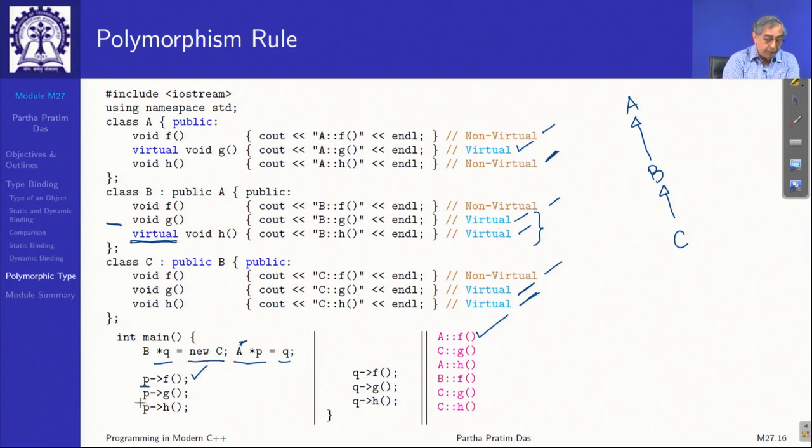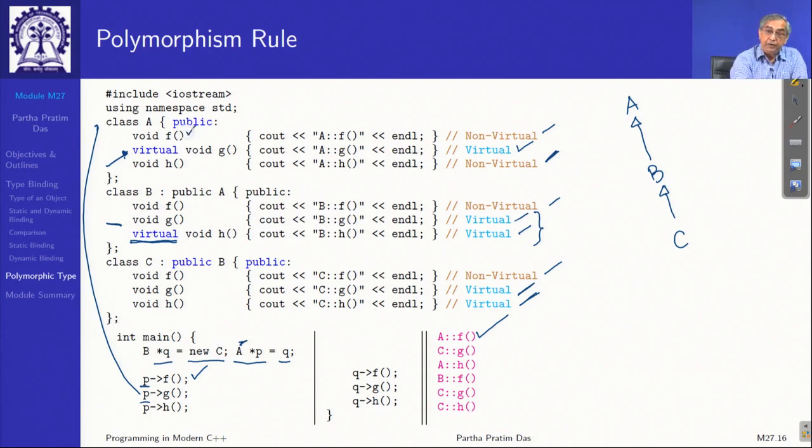What if you do P pointer G? G is a virtual function, right, and P is currently pointing to a C type object, right. G is a virtual function in class A, P is of class A. So, in class A it checks whether this function is virtual or non-virtual, decides whether it will be statically bound or dynamically bound.